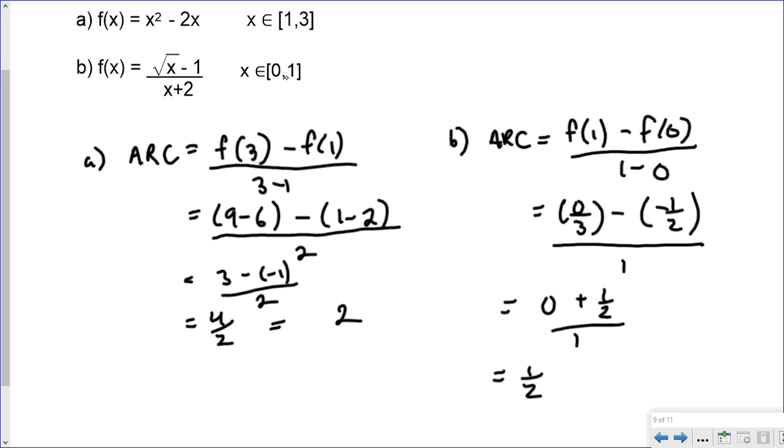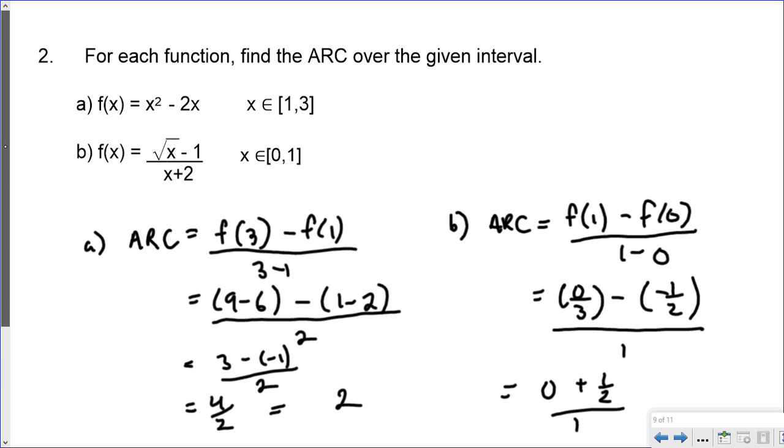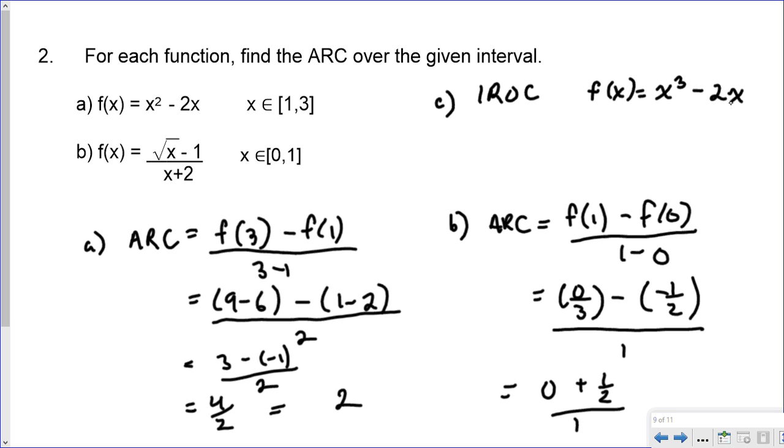I didn't ask you to do an instantaneous rate of change for this example. A common question might be an instantaneous rate of change. Let's get a function, x to the power 3 minus 2x, at x equals 2. That's how an instantaneous rate of change question would look.